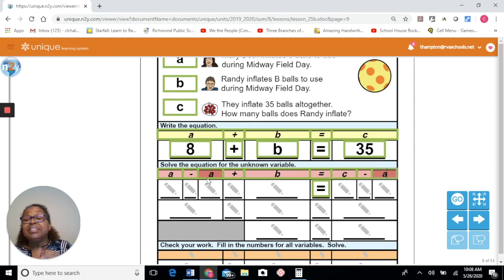So let's now substitute the numbers that we know. A is what? 8. Our operation remains the same. We've already figured that out. Minus 8. A, of course, which is 8. Okay, and then we add the B. We bring all of this information over.